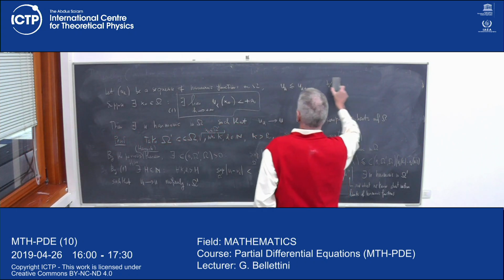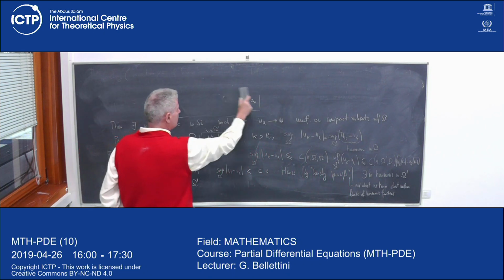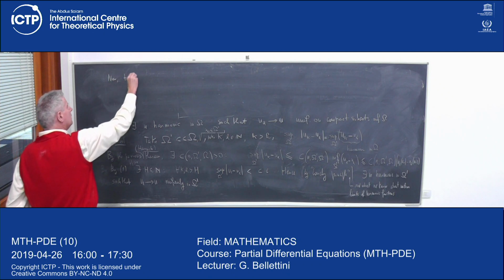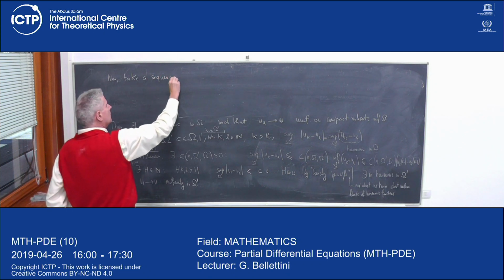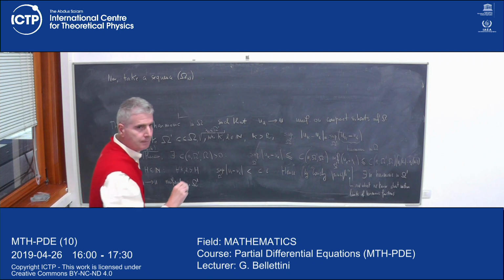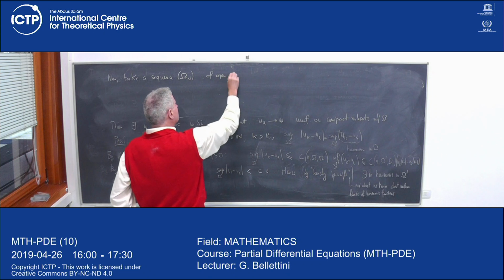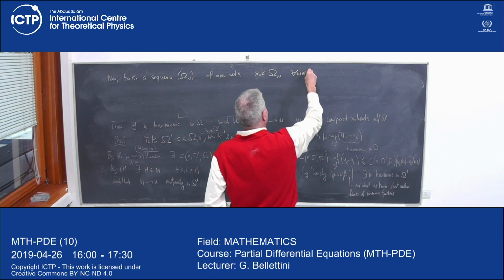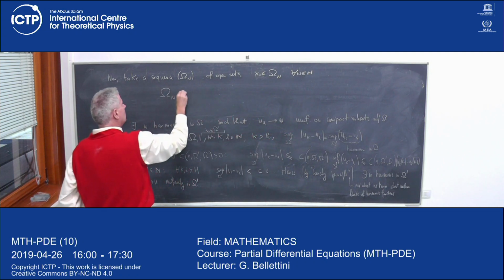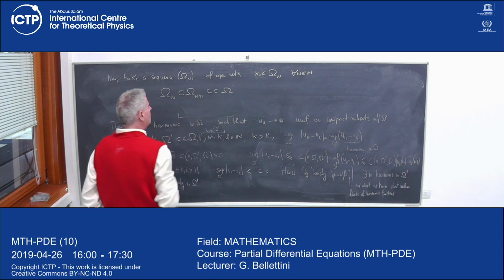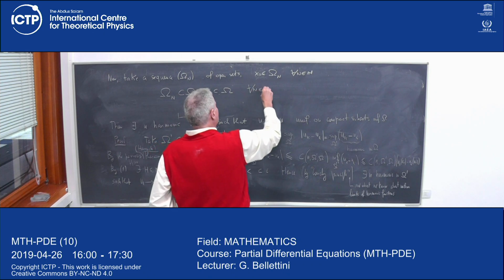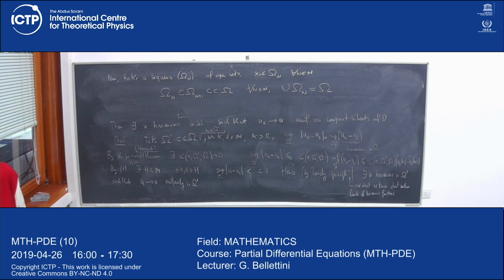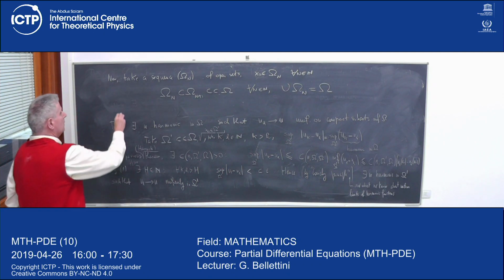It's sufficient to invade omega. Now we take, say, the sequence omega_n of open sets, say containing x naught, and proceed.